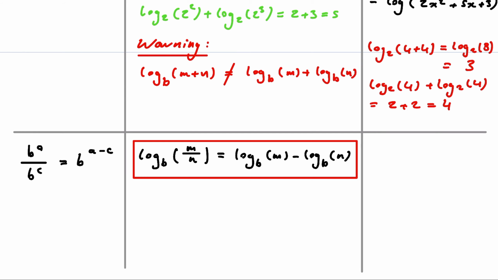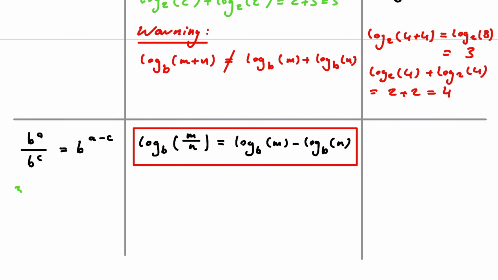So let's do 3 squared over 3 cubed. So what's that equal to? It would be 3 to the 2 minus 3. That's equal to 3 to the minus 1. So the reciprocal of 3, 1 over 3. Let's work out the left-hand side and the right-hand side here. So the left-hand side is log to the base 3 of 3 squared over 3 cubed.